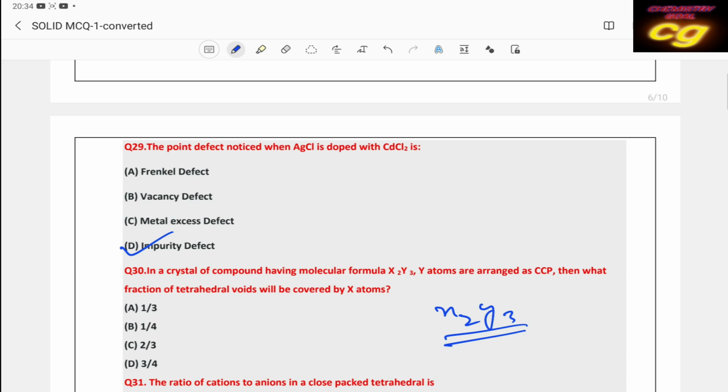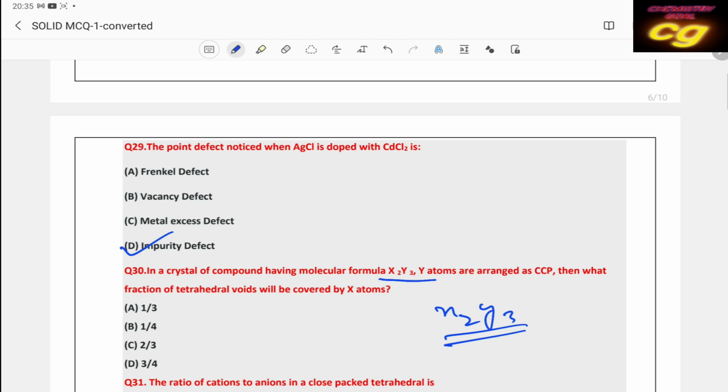As X is occupied in the tetrahedral voids, how much fraction of X? As X is 2, what will be the correct answer? Just see the formula X2Y3. How is it produced?